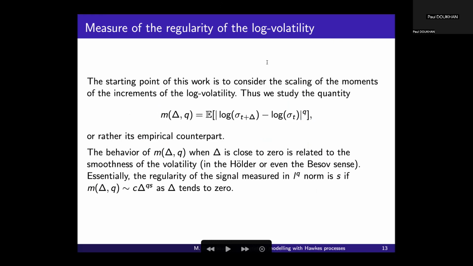Because if it's a fractional Brownian motion, this guy should behave, of course, as delta to the power q times h. So I'm going to compute that for various q, and look at the regression of this guy with respect to delta to the power something. I'm going to show you the log of m against the log of delta, and I want to check whether the log of m is proportional to the log of delta. I'm going to take delta going from 1 day to like 200 days.